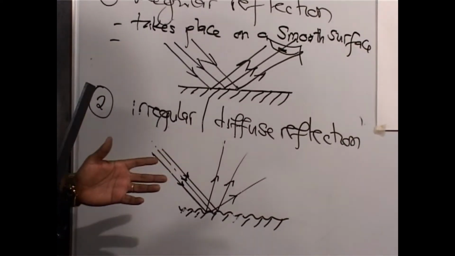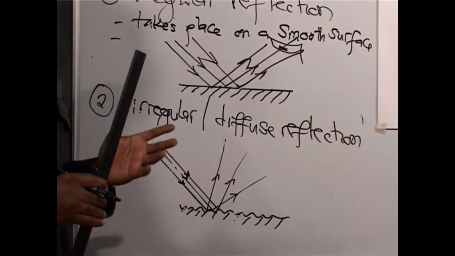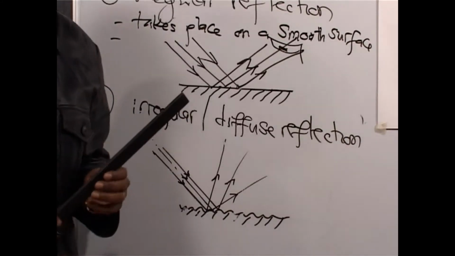So these are the types of reflection, and that's why we see certain objects look shiny and others not look shiny. Okay. Now, when you look at objects that look shiny, objects that bring about regular reflection, usually you would see images that are in front of that object.